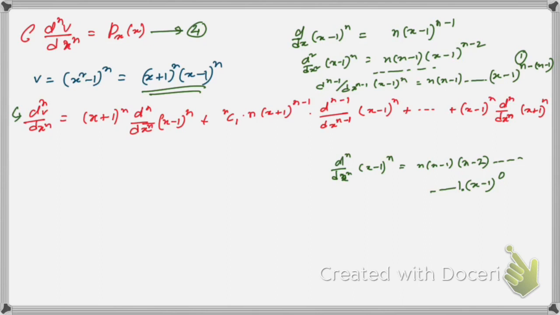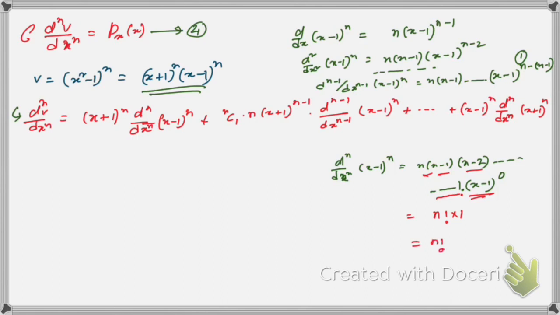You will get 0 as the power. So now you see n into n minus 1, n minus 2 up to 1. This is nothing but factorial n, right? And anything to the power 0 is 1, right? So factorial n into 1, that's going to be factorial n.